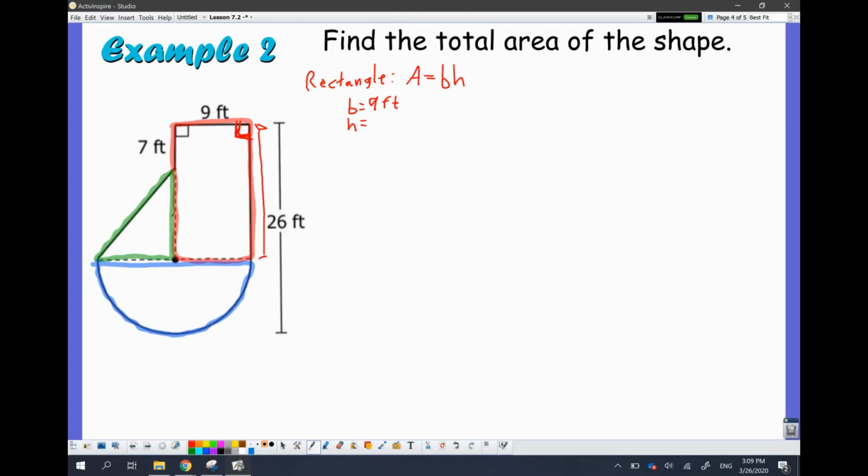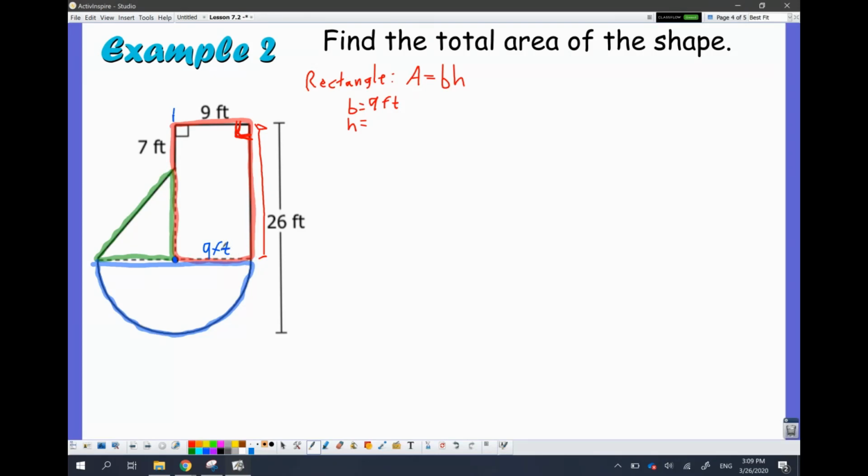But I see that the semicircle starts here, which corresponds to this starting point. And it goes from that point to the edge of my semicircle, and I know that that's 9 feet, which means that this should also be 9 feet, which means that the radius of my semicircle is 9 feet.